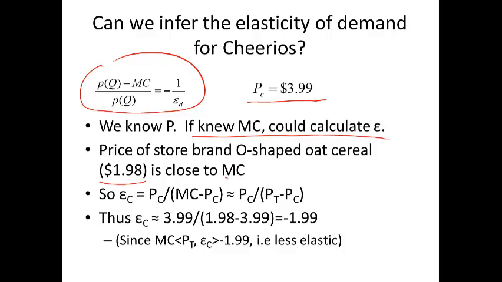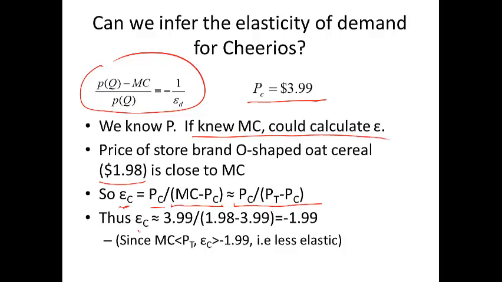So if that were true, then we could rewrite the markup formula and solve it for the elasticity, and we'd get the elasticity equals the price of Cheerios divided by the marginal cost of Cheerios minus the price of Cheerios. Substituting in the price of the store brand as marginal cost, we would rewrite that as the price of Cheerios divided by the price of the store brand minus the price of Cheerios.